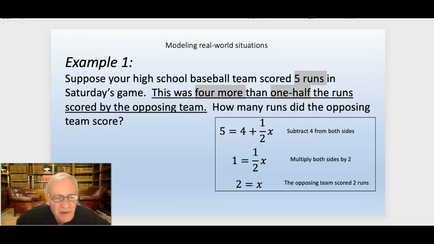That's what they're asking you to find. 5 runs is equal to something. I highlight the numbers, and underline this right here: 4 more than 1/2 the runs scored by the opposing team. That's the setup. That's the key. Then just subtract 4 from both sides and multiply both sides by 2, and you've got the answer.